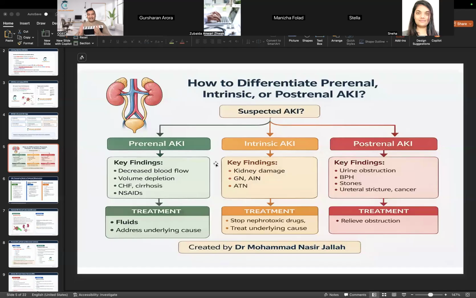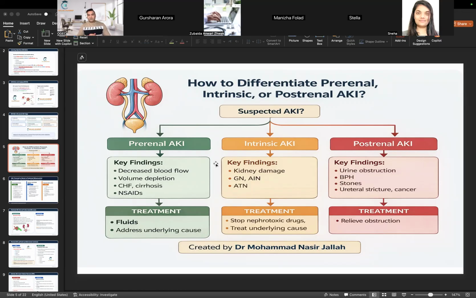Usually, for the intrinsic, I'm not saying always, usually they give you a scenario of someone with sepsis, and then the patient develops the signs and symptoms of acute kidney injury. And they will give you a very specific urine finding.